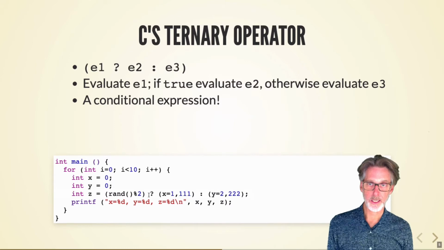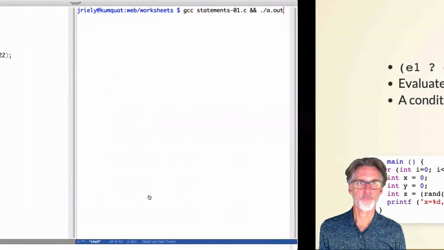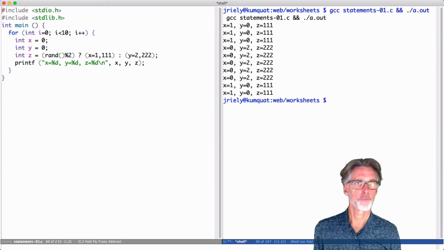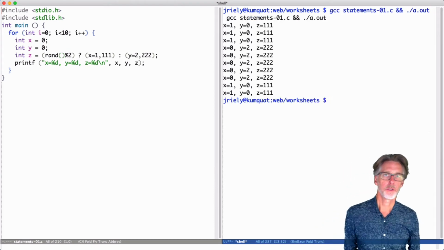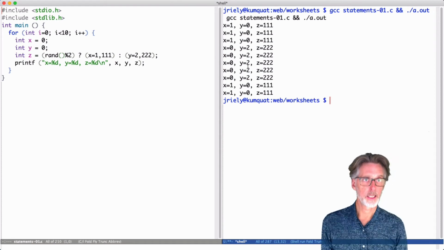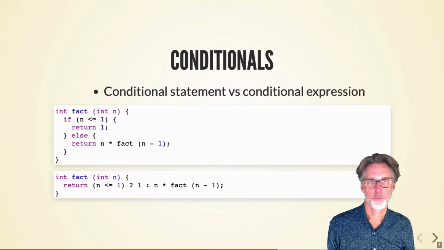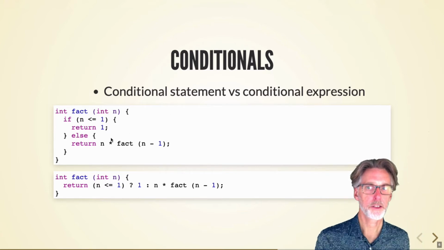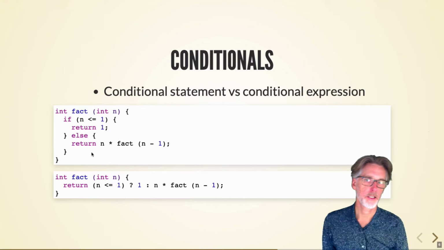So we can run it and see what it does. So here it is. Let's run it. And you can see indeed each time I only update either X or Y. I don't update both. We can use the ternary expression in C to express conditionals just like we use if then else.